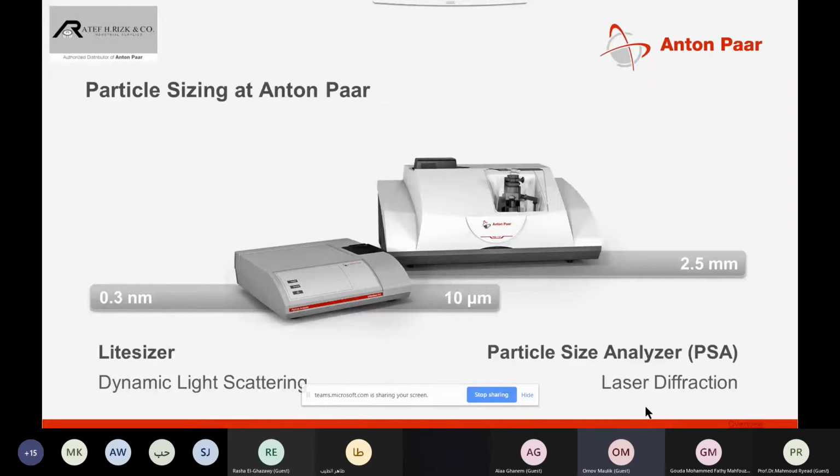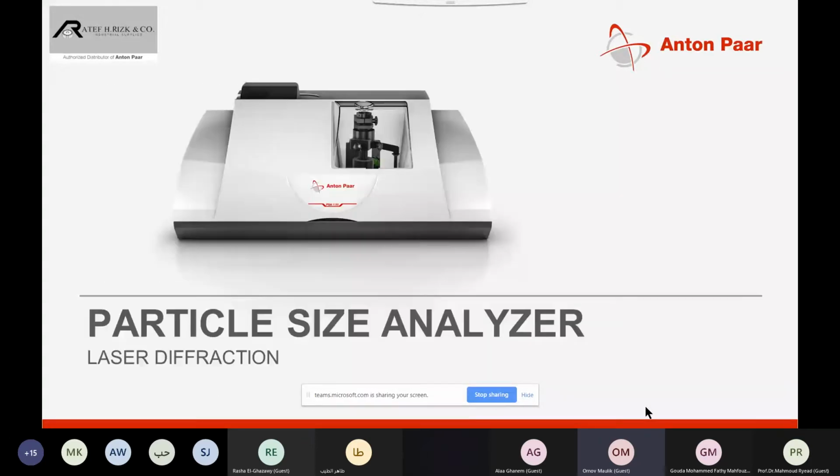Here we will discuss the particle size analyzer, that is, the laser diffraction technique that we have. I think you can also see the instrument on the video. Our laser diffraction particle size analyzer looks something like this.